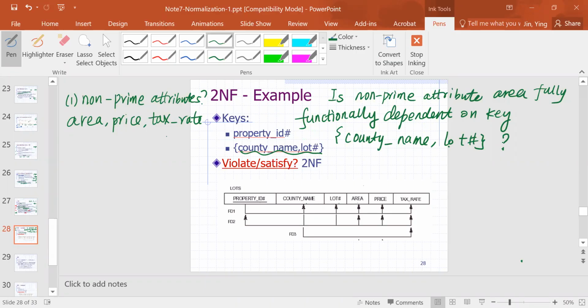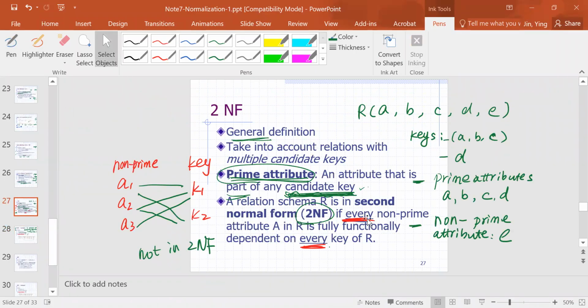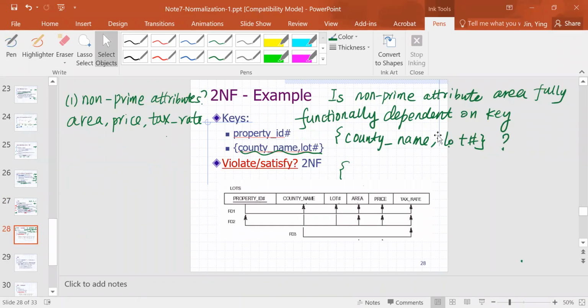Now, in order to answer this question, it can alternatively be rewritten like this. I write this down because the question said every, so I pick one and check whether it is fully dependent or not. So this question can be analyzed as county name, lot number, to this.